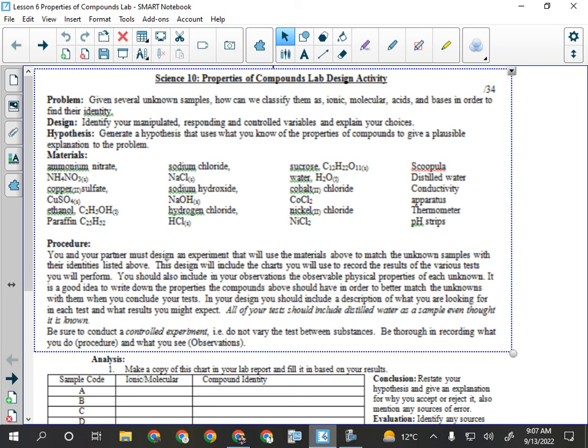But each time I run the test, I'm running it on something different. So in other words, I'm performing this lab almost 12 times. Because there's how many unknowns? Each different, there's 12 different unknowns. 12 different unknowns, right?